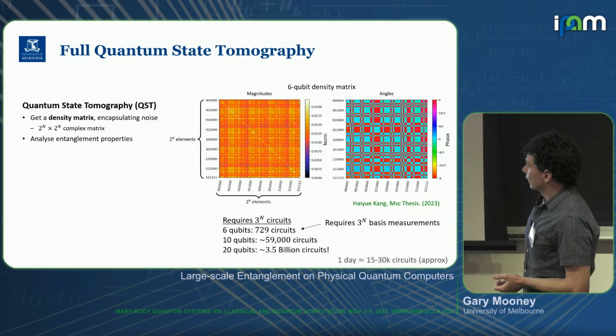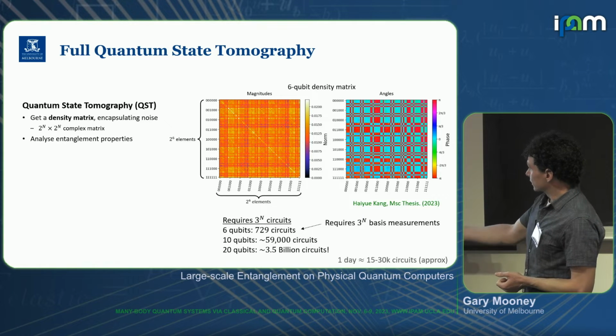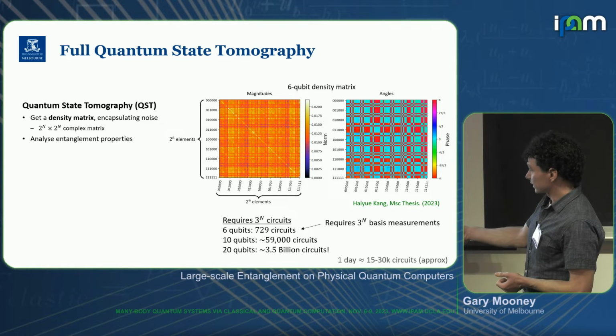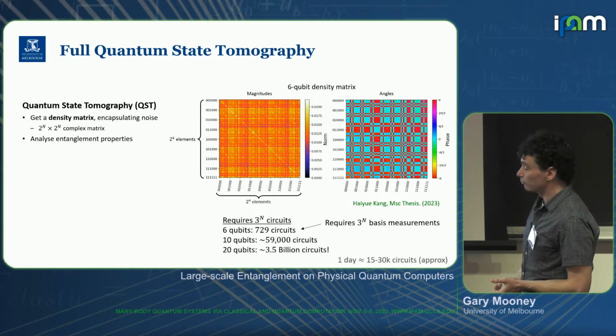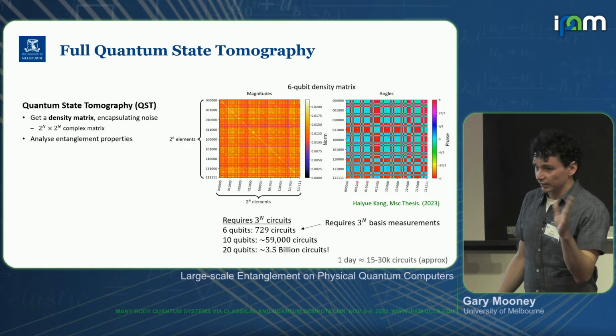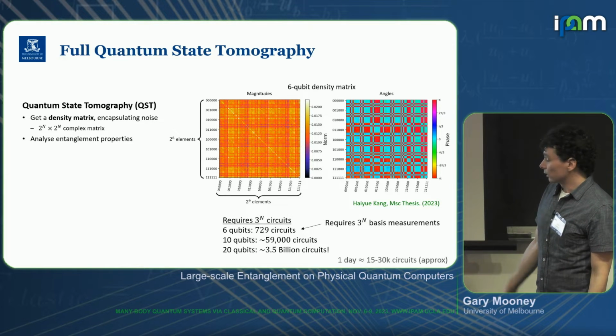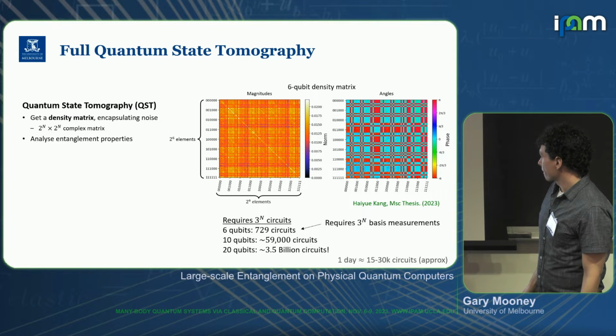However, as you can see, it scales pretty poorly. It's 3 to the n, where n is the number of qubits. For 6 qubits, you've got 729 circuits. Go up to 10, you've got this much, and then at 20 qubits you're all of a sudden at 3.5 billion circuits. As a point of comparison, depending on which device you're using, around about this many circuits will be a whole day of computation.